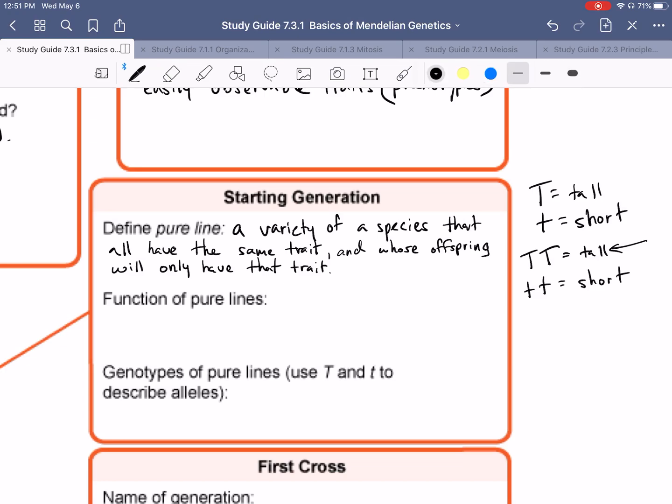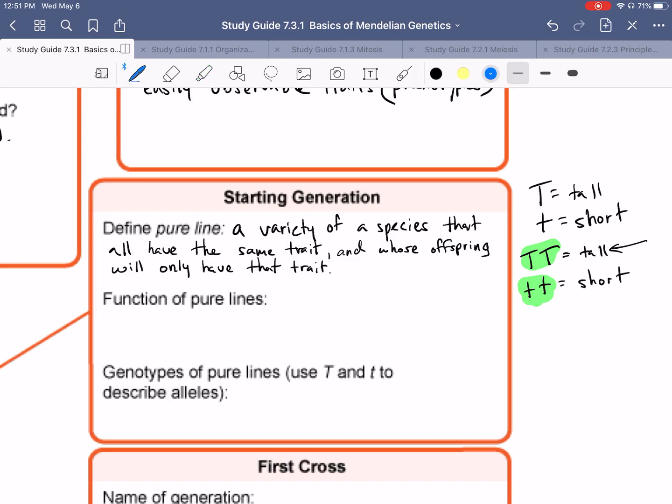This tall plant that is homozygous dominant can only give big T's, and when bred with another one that only has big T's, it can only make tall plants. And if you have two short plants with the little t's, their offspring can only be short.